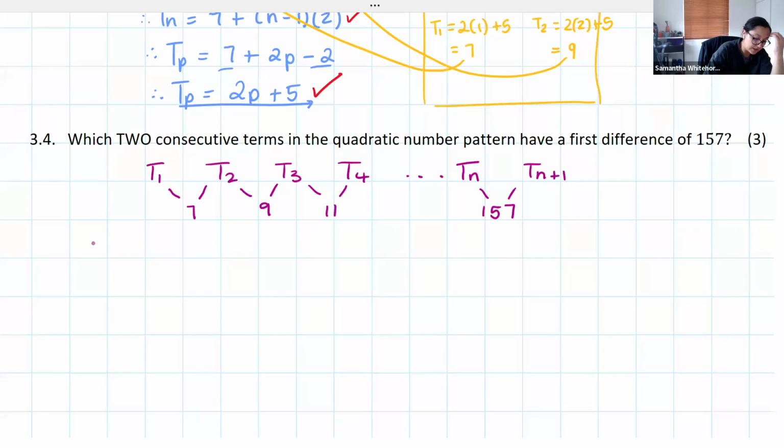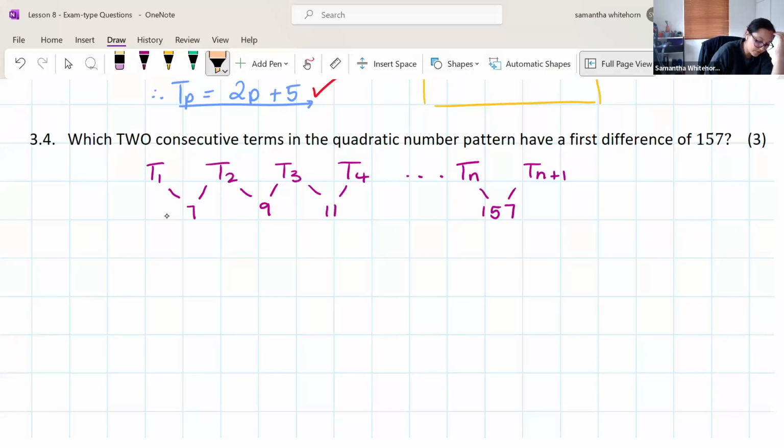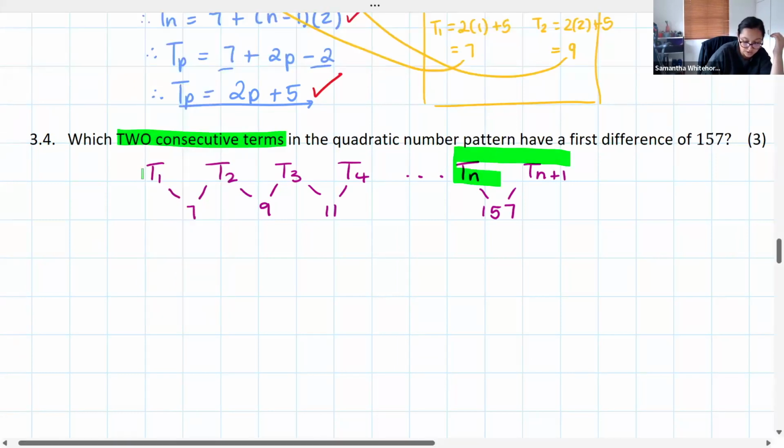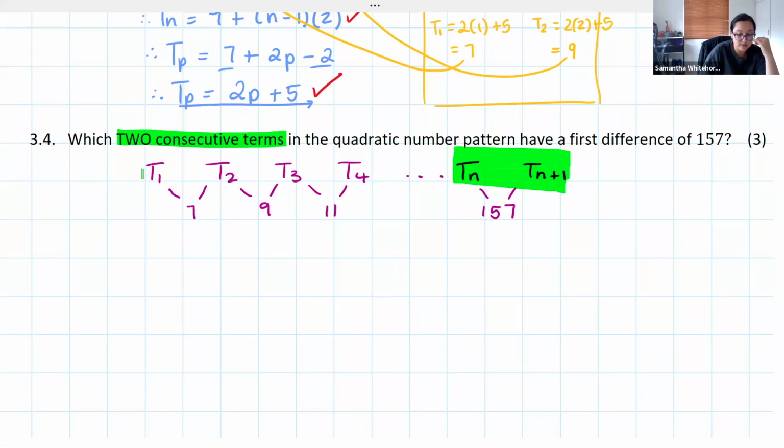So going back to the actual question, which 2 consecutive terms? I want to know what terms in my quadratic sequence, when I take the difference between the 2, I get 157. Now again, guys, draw these things out, sketch it for yourselves, do whatever you need to do in order to understand what's going on.